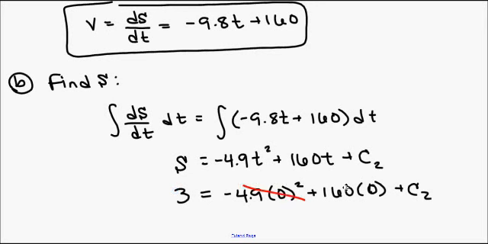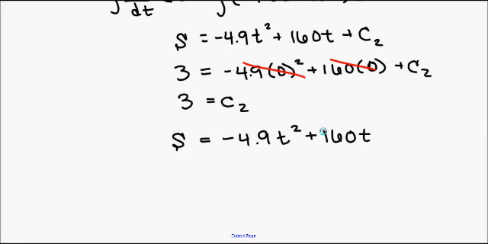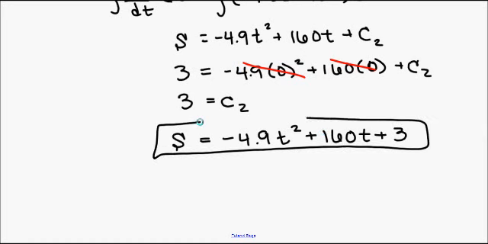So this cancels, this cancels, and just like that, c2 equals 3. So we have s equals negative 4.9 t squared plus 160t plus 3. And that is the end of that problem, and I believe of this video. Yes, it is.